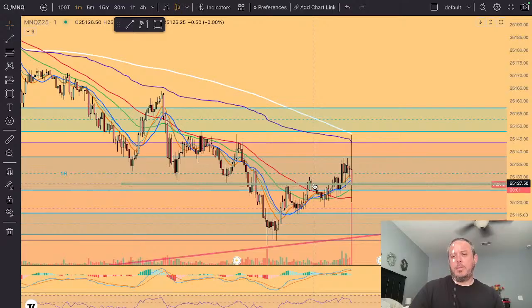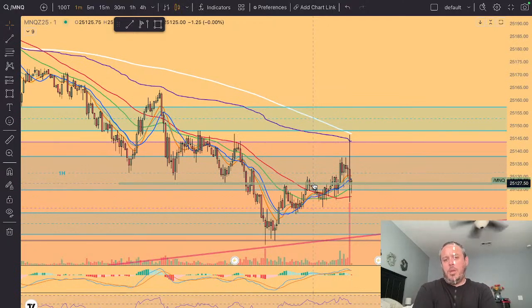We'll give it a couple minutes, but ultimately long bias. Hopefully we can get an all-time high move over the weekend. That would be a nice trade.